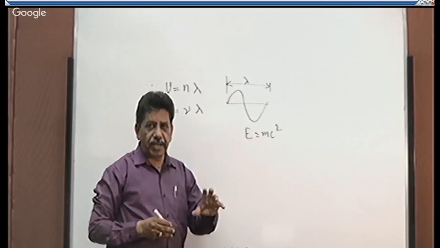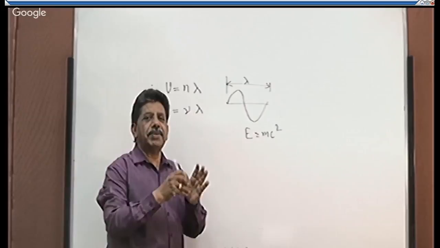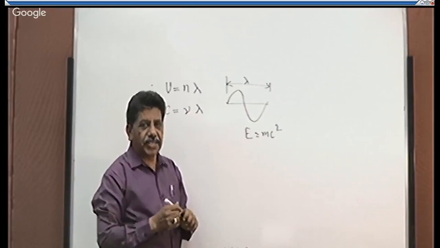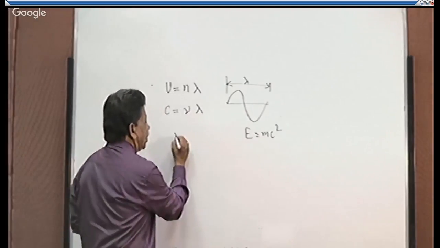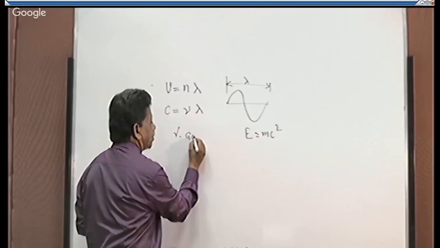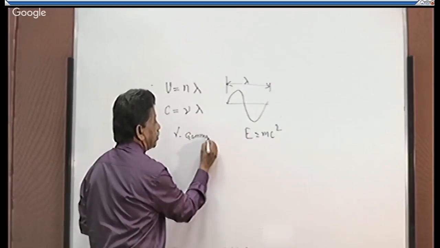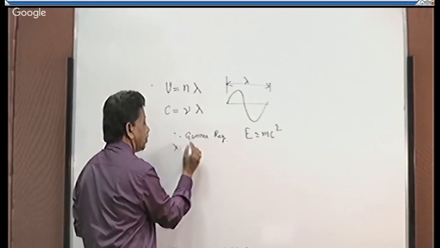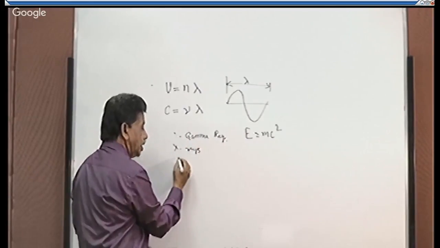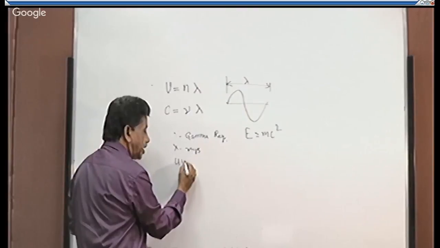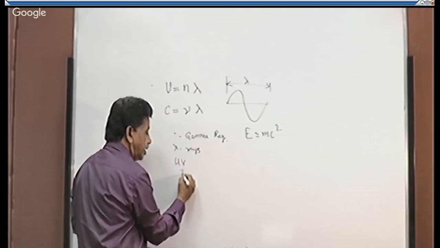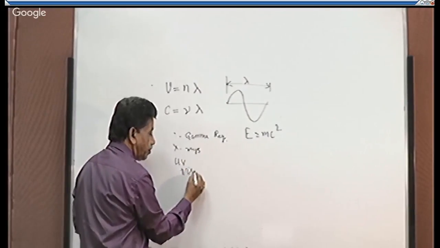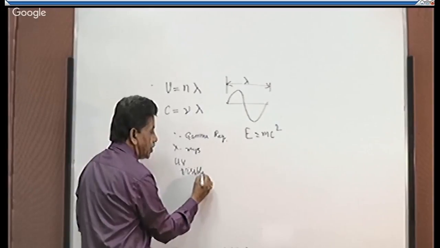In electromagnetic radiation, we have different types of radiations. We have gamma rays, and we have X-rays. We have ultraviolet radiations, visible radiations.